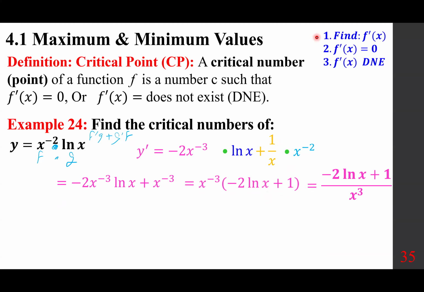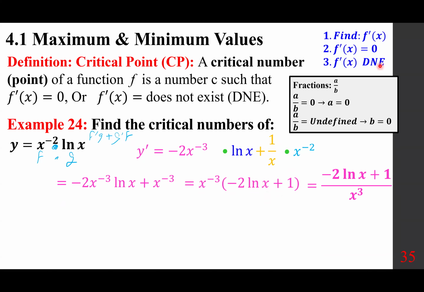This is step 1. Step 2, f prime equals 0, f prime doesn't exist. When we deal with a fraction of the form a over b, which is the case here, a fraction is 0 when the numerator is 0. A fraction is undefined or does not exist when b is 0, the bottom.